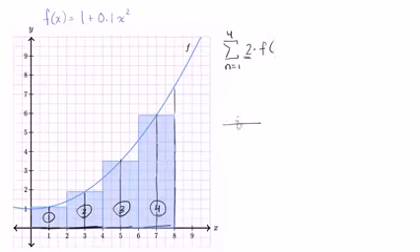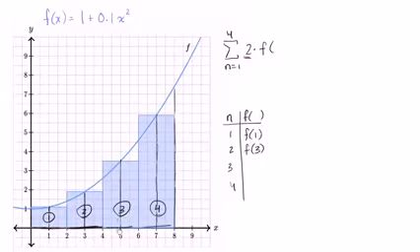Let's see how we want to think about it. When n is 1, 2, 3, 4, we're going to take f of something. The first one is f of 1. For the second rectangle, we're taking f of 3 for the height. For the third rectangle, f of 5. And for the fourth rectangle, f of 7. So what's the relationship here?